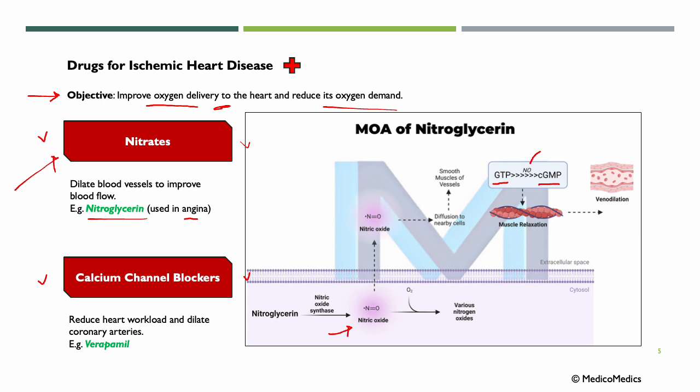And you can see the nitric oxide shown here. Now, an elevation of cyclic GMP causes smooth muscle relaxation. And this leads to venodilation. So we have dilated our blood vessels to improve blood flow.